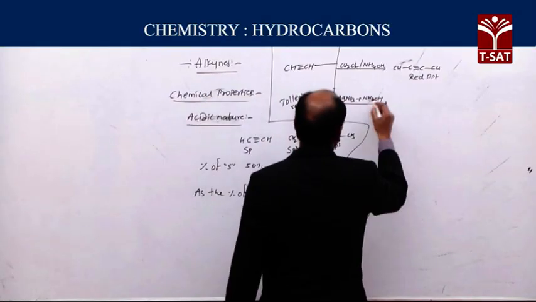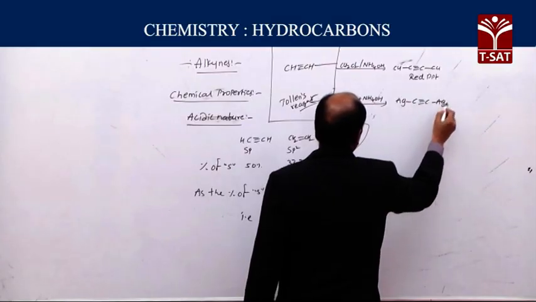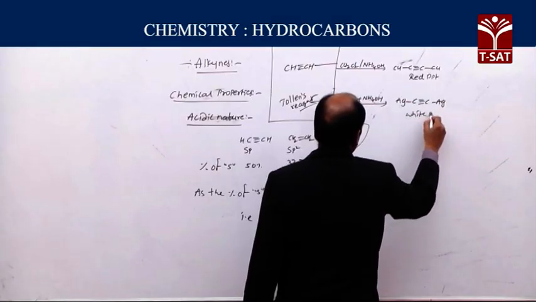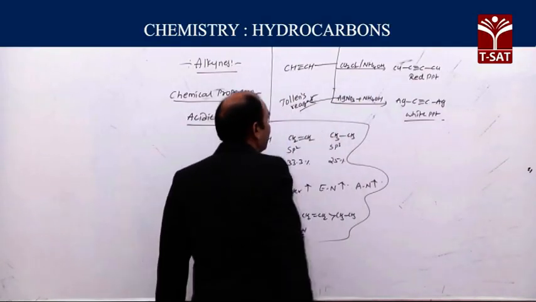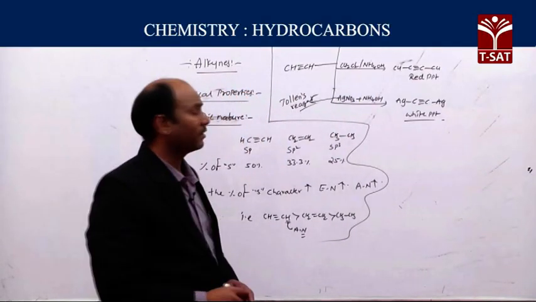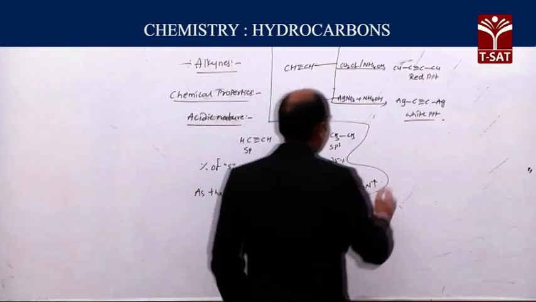These two hydrogens are replaced by silver, and we get Ag-C triple bond C-Ag, a white precipitate. Both reagents are used for differentiating between terminal and non-terminal alkynes.